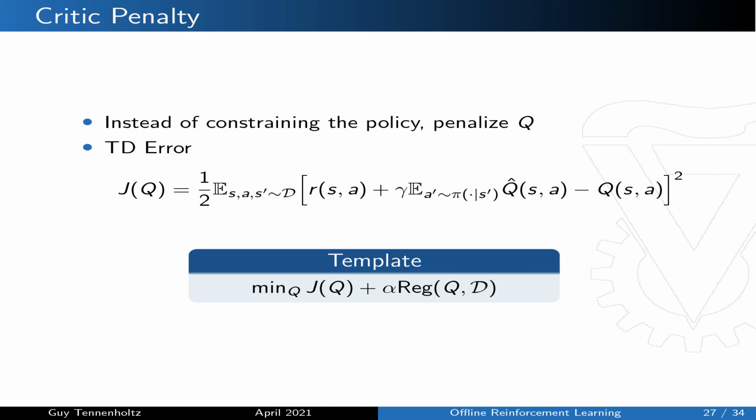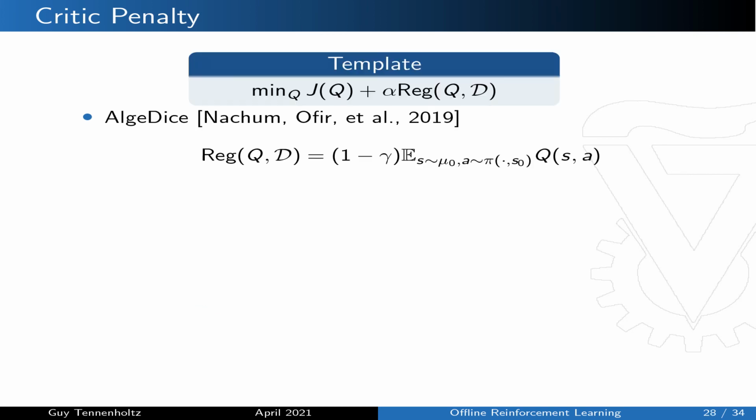So one thing we can do is add pessimism by regularizing the Q function. Our template would be, instead of minimizing J of Q, the TD error, to minimize a regularized version of this function. Let's see some examples of such regularizers.